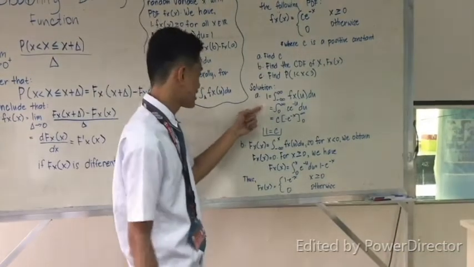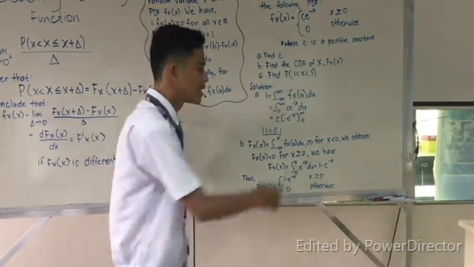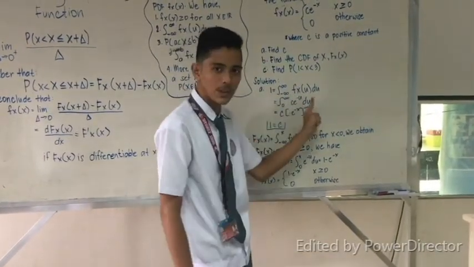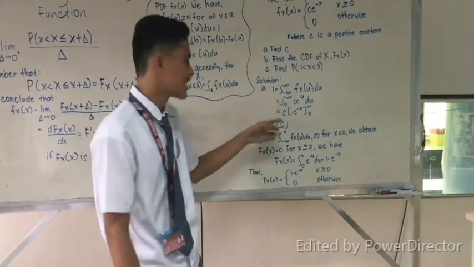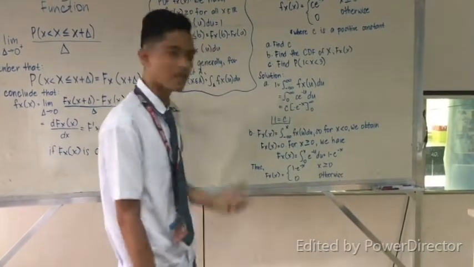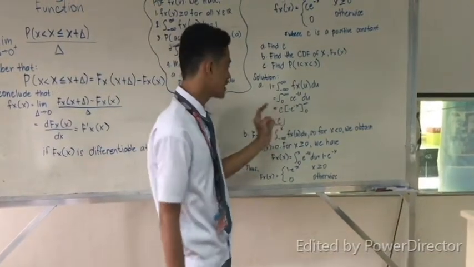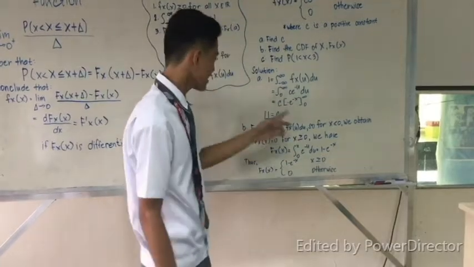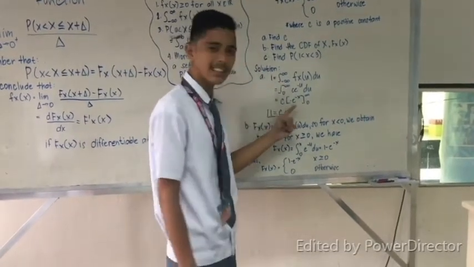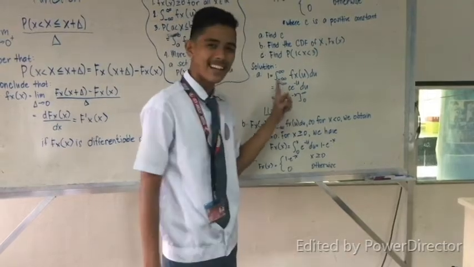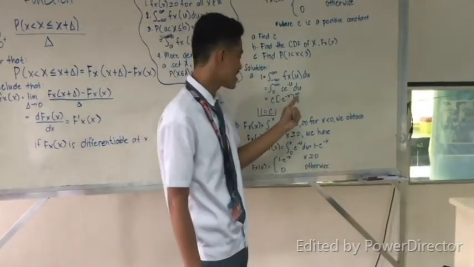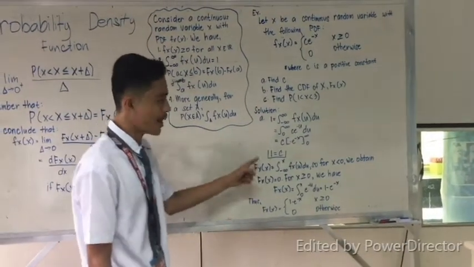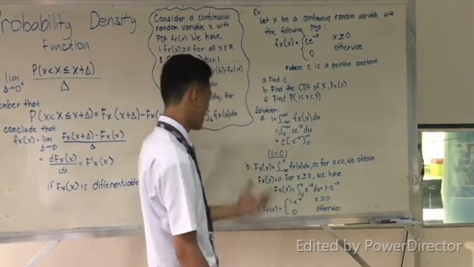It shows here that 1 is equal to the integral from negative infinity to positive infinity of f(u) du, which is equal to the integral from 0 to positive infinity of c e raised to negative u du, which equals c times negative e raised to negative u evaluated from 0 to positive infinity. So c is equal to 1.